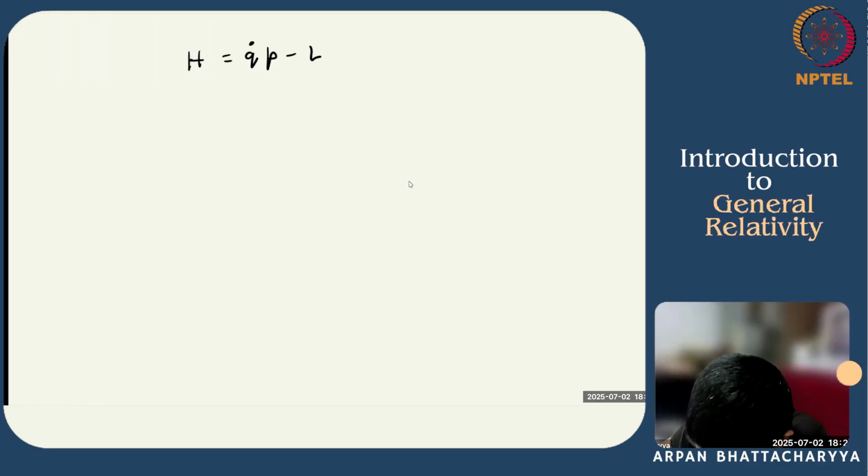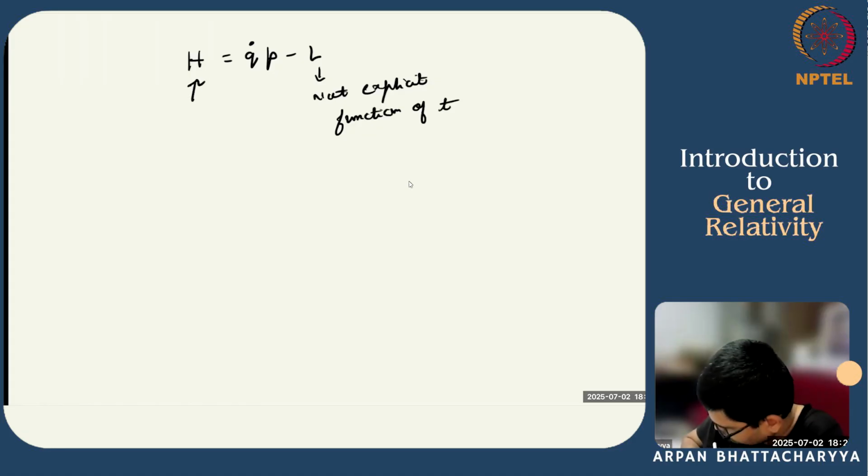So if this is not an explicit function of time, then this H is conserved. That means dH/dt is 0.